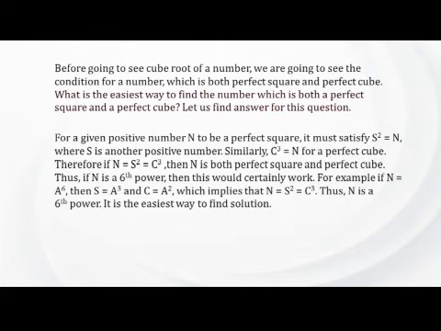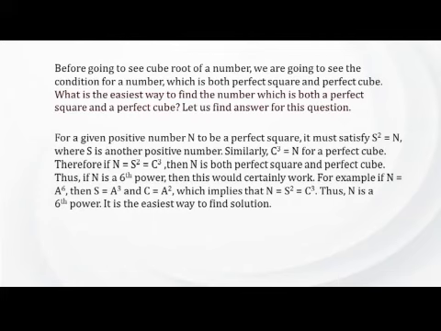Similarly, c cube is equivalent to N for a perfect cube. Therefore, if N is equivalent to s square, that is again equivalent to c cube, then N is both perfect square and perfect cube. Thus, if N is a sixth power, then this would certainly work.